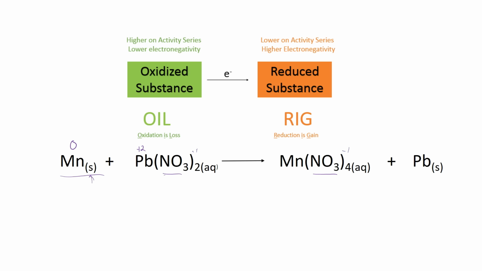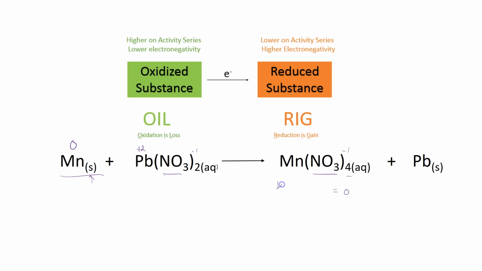Okay. Now, my manganese on the right-hand side, here it is not elemental, so its oxidation number changed. That tells me this is, by the way, a redox reaction because there's a change in oxidation number. I've got 4 nitrates, so this is an ionic compound, so it's going to be equal to 0.